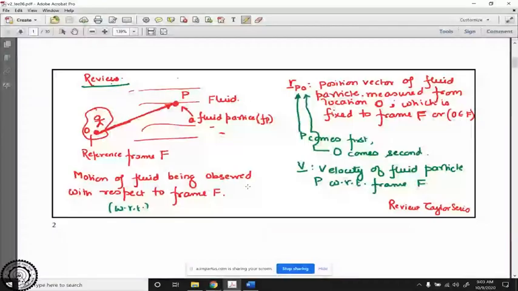Again, some review we have seen in APL 100 engineering mechanics. We had this clarity that whenever you observe fluid motion, whenever you observe motion of a particle or a body, you need to have a reference frame in context. So motion is observed with a reference frame in the background, and that's what I'm denoting here.